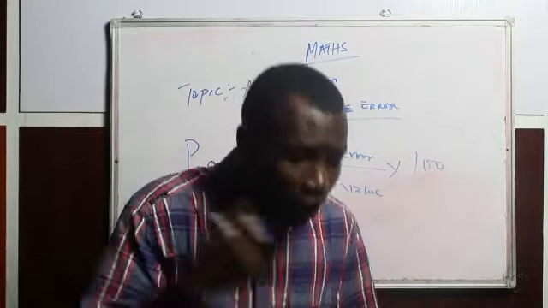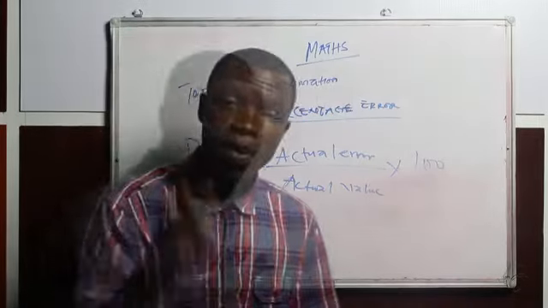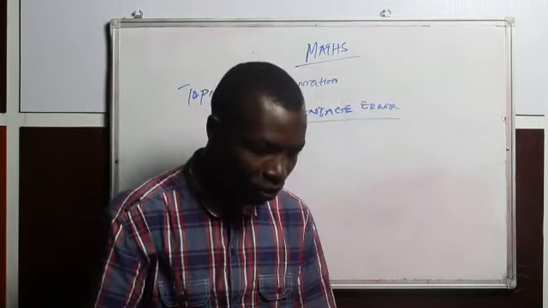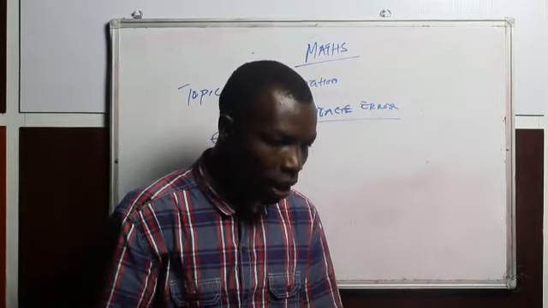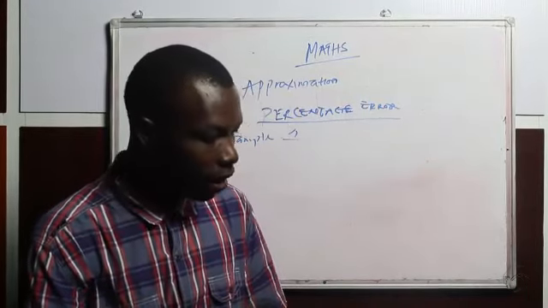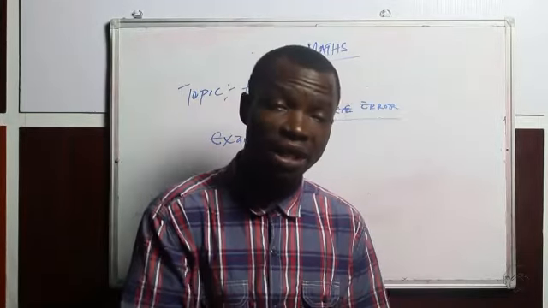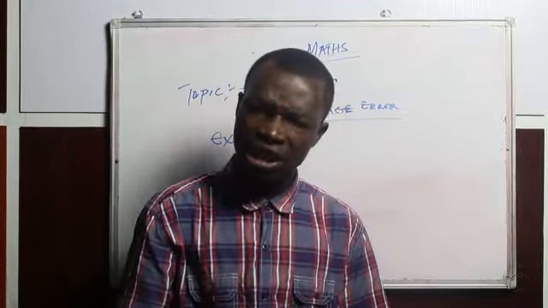For example, let me give you this question. A rope of length 15 centimeters is to be measured by a girl to be 14.4 centimeters. Find the percentage error.